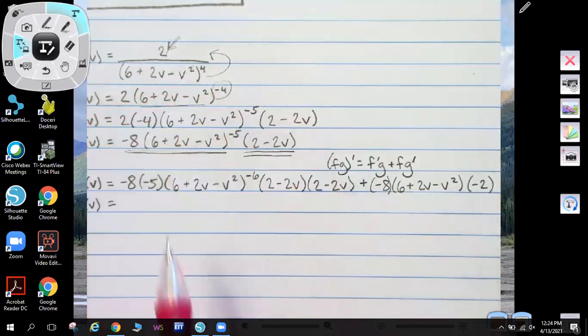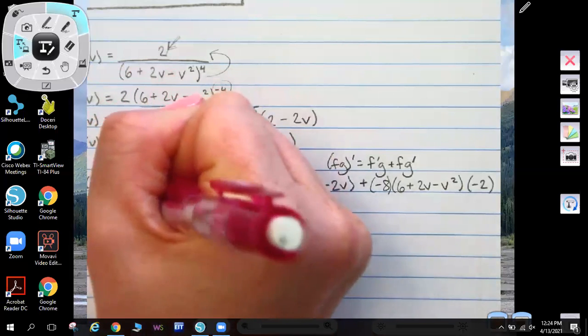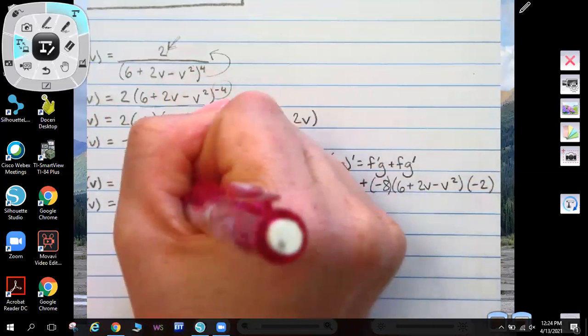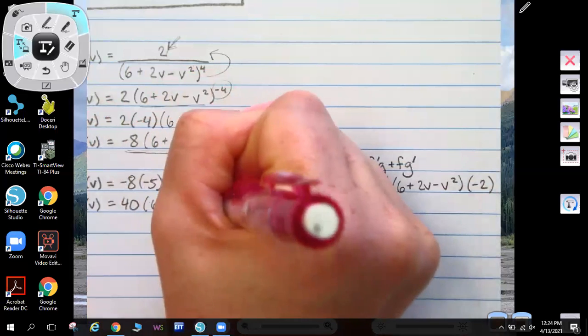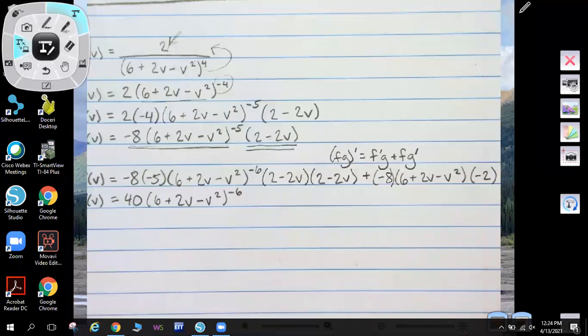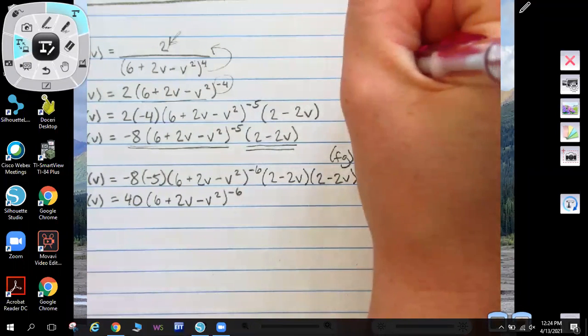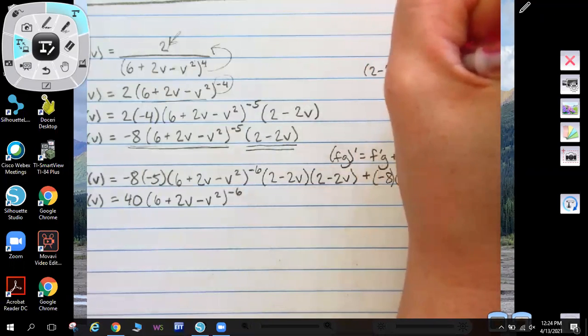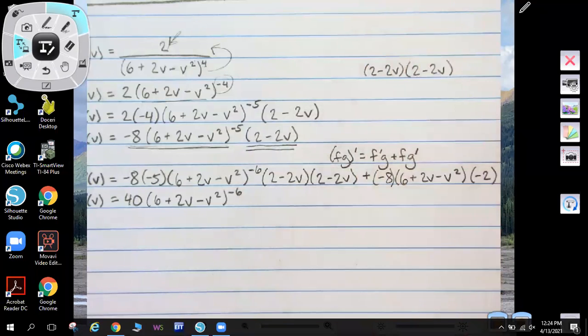Okay, let's simplify. We've got -8 times -5, that's +40, times 6 plus 2v minus v squared raised to the -6. Let me do some scratch work to multiply 2 minus 2v times 2 minus 2v.